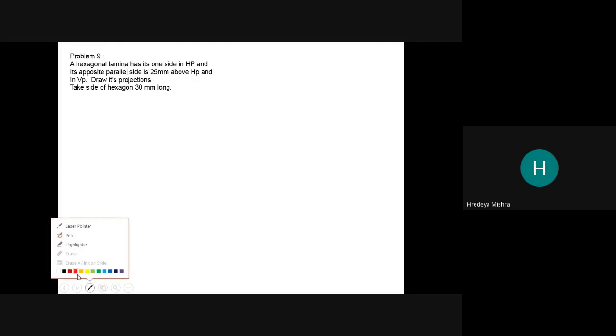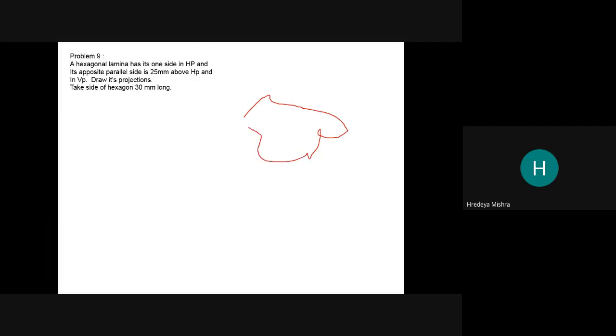How? See here. This is also a surface because the boundary and the region are undefined, so it does not come under the laminas, because a lamina is always a predefined shape.